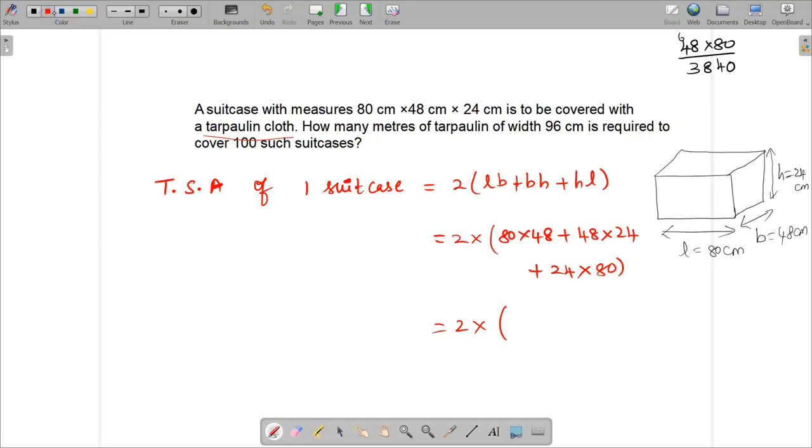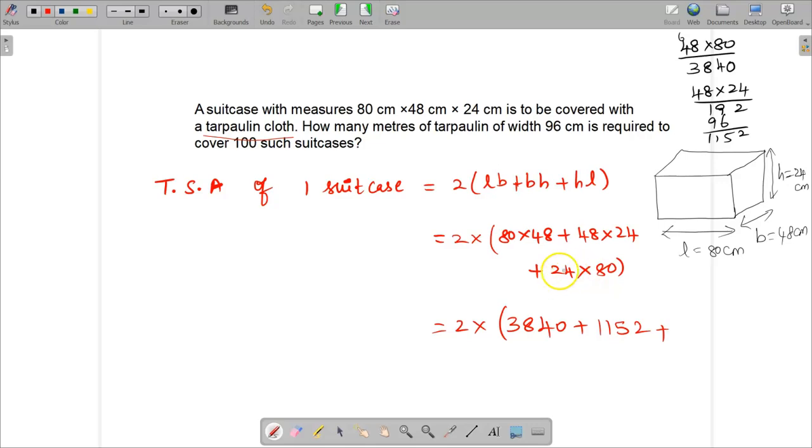So the first value is 3840. Similarly the next value: 48 into 24. 8 4s are 32, 4 4s are 16, 16 plus 3 is 19; 2 8s are 16, 4 2s are 8, 8 plus 1 is 9. Adding the values, 9 plus 1 plus 1 is 11. So the second value is 1152.